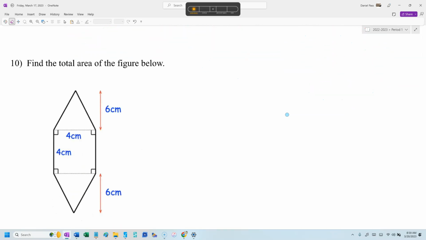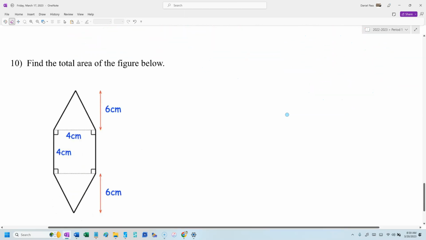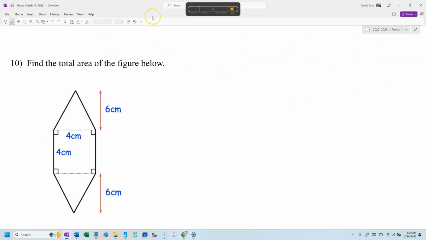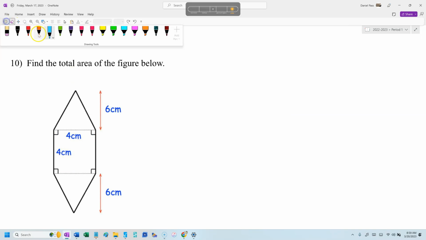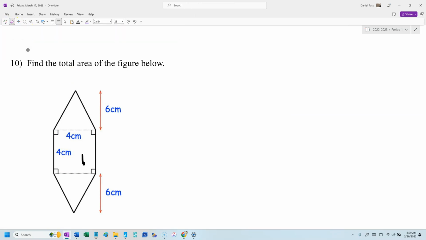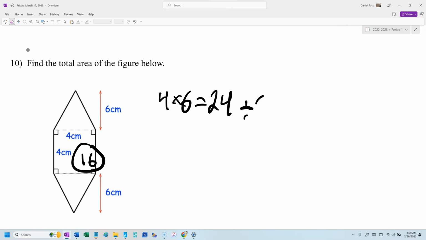Find the total area of the figure. Okay. So, let's do square first. 4 times 4 is 16, right? Okay. What about this one? 4 times 6. Wait a second, but it's not just 4 times 6, right? We have to divide by 2 because it's a triangle.